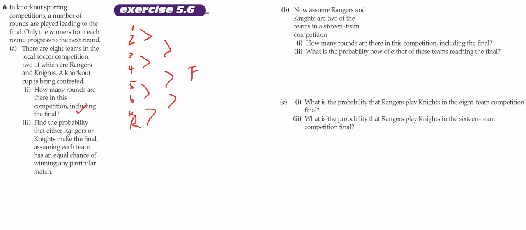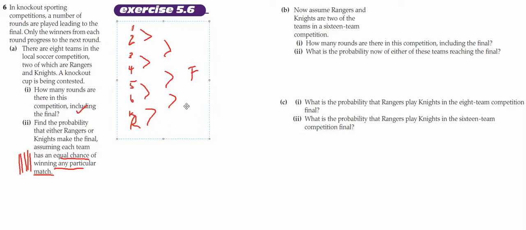How many rounds? There's 3. Find the probability that the Knights or Rangers make the final, assuming that each team has equal chance of winning a particular match. So I'd like to turn this around and say, if everyone's got equal chance of getting to the final, how many ways can I have finalists?